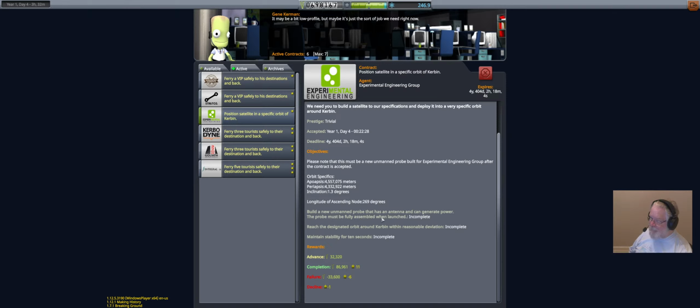Build a new unmanned probe. I did this after. It has an antenna and can generate power. It has an antenna and it can generate power. No!